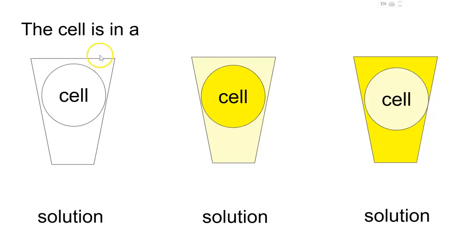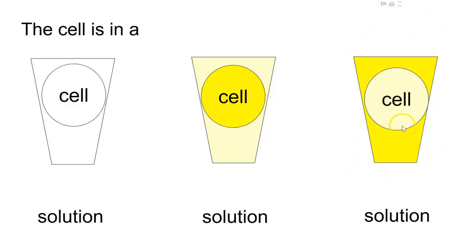Okay, this cell has an equal concentration of solutes inside the cell and out, so this is an isotonic solution. The middle one here, the cell is in a solution that has less salt out in the solution than inside the cell, so this is going to be a hypotonic solution.